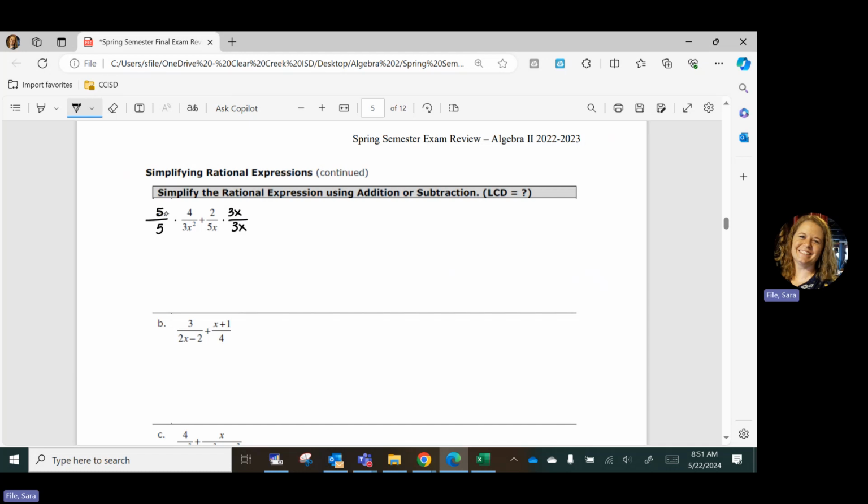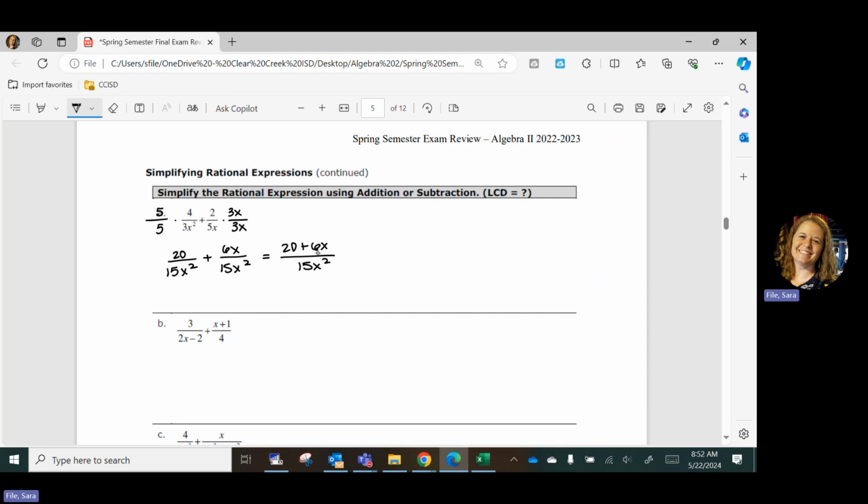So here on the left, we're multiplying by 5 over 5, and here on the right, we're multiplying by 3x over 3x. So that would be 20 over 15x squared. And then this would be 6x over 15x squared. So the whole point was we got a common denominator. So now we can add those together. It's all just over that common denominator of 15x squared. And I've got 20 plus 6x.